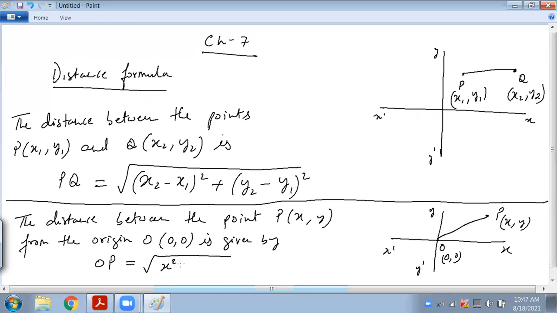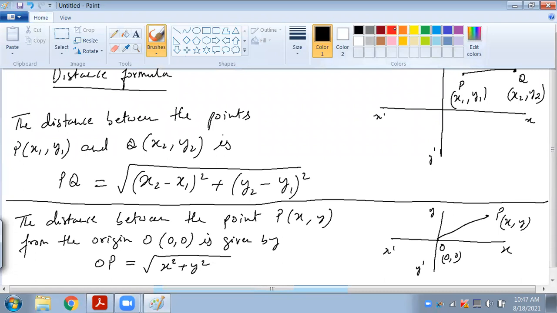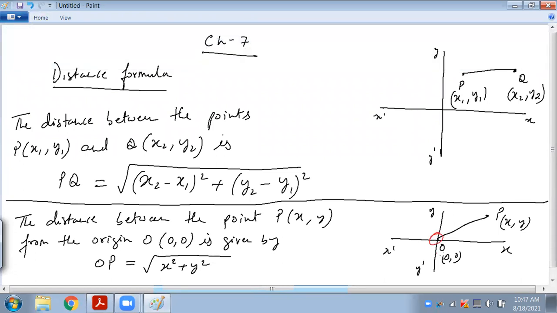It will be the square root of x square plus y square. The point where both the axes meet is called the origin, and the coordinates of the origin are (0, 0).